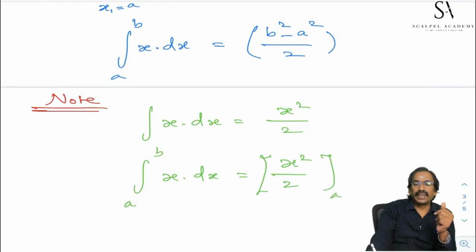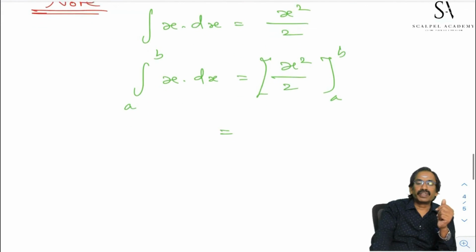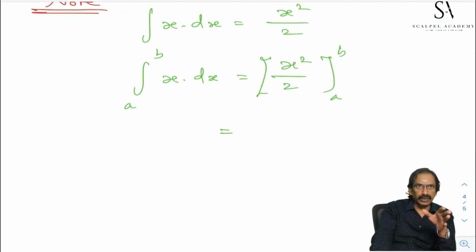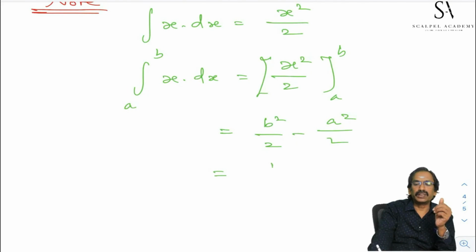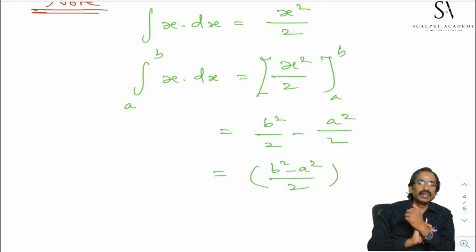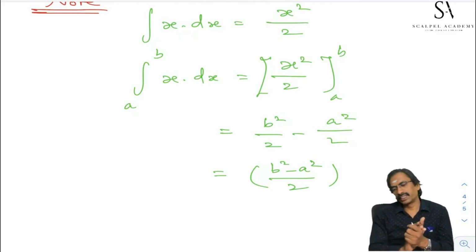You apply the limits a and b to the integrated value. First of all, apply the upper limit value of x, that is b square by 2. Next, apply the lower limit value of x, that is a square by 2, that's equal to (b square minus a square)/2. We got it. In case you have integral x power n dot dx, this becomes x power n plus 1 by n plus 1. We take it.